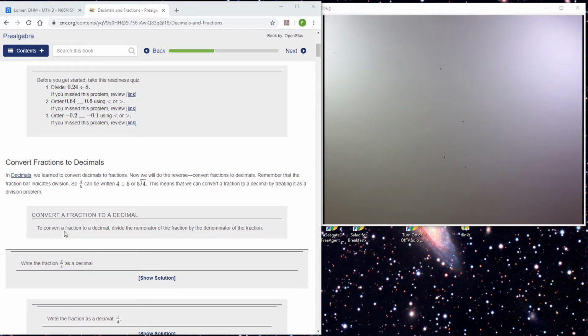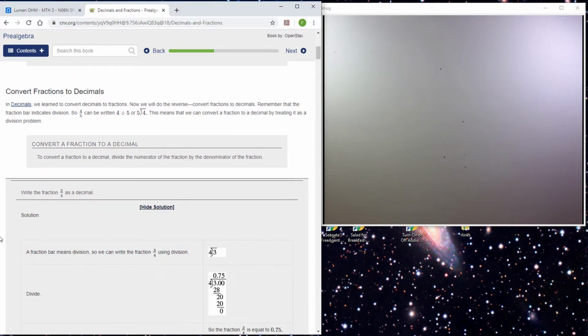So to convert a fraction to a decimal, divide the numerator by the denominator of the fraction. Here we have 3/4, we want to convert that to a decimal. So you go ahead and divide it out. Notice here we have 4 divided by 3. So then they replace that here, and they put the decimals in. Notice they put a decimal right above it.